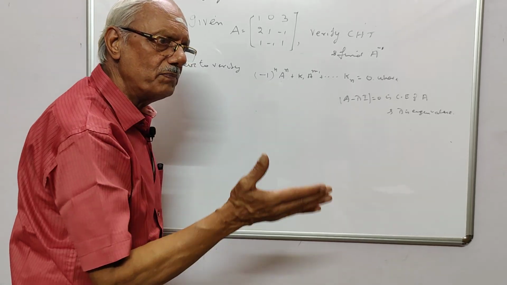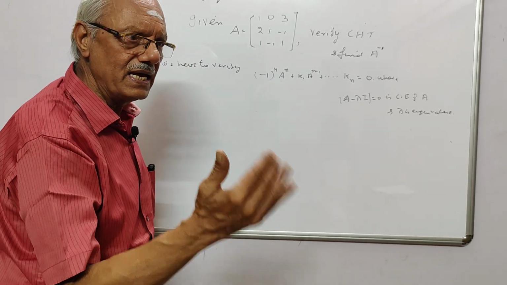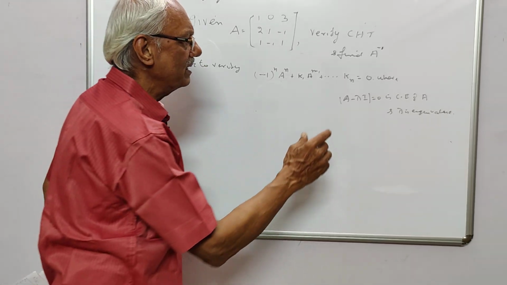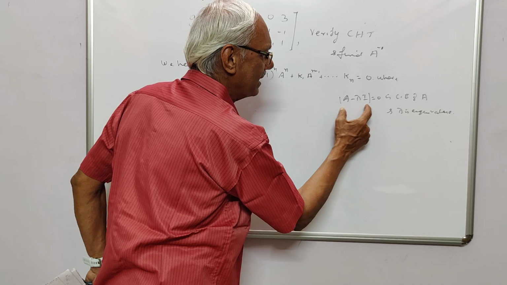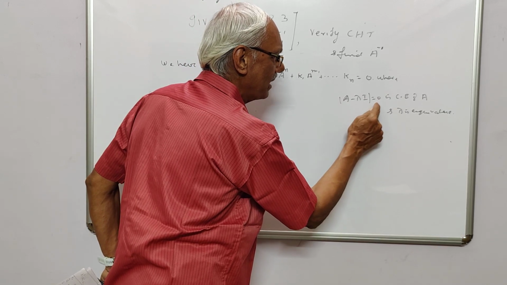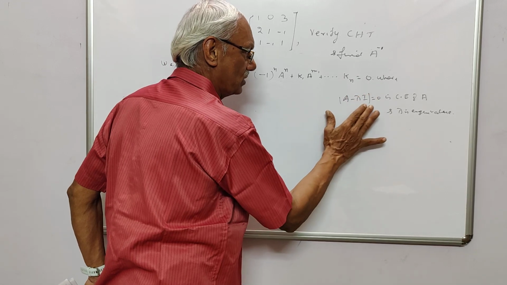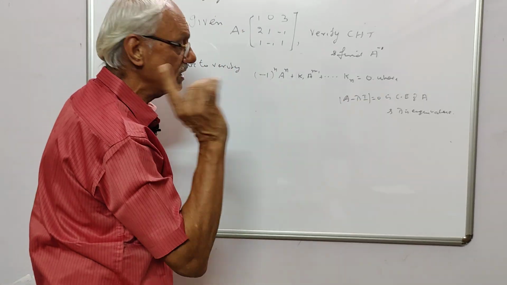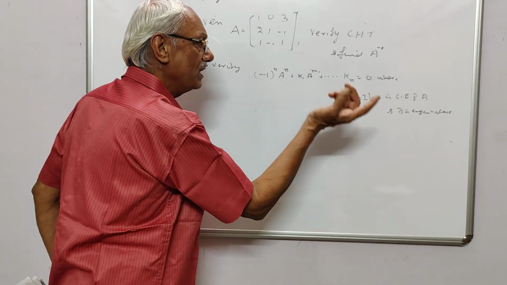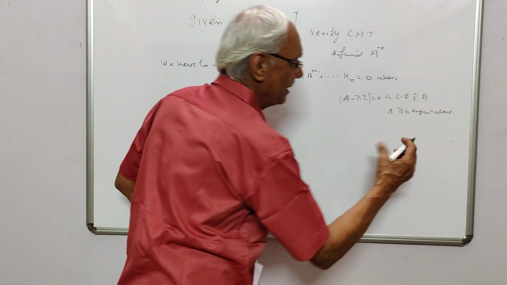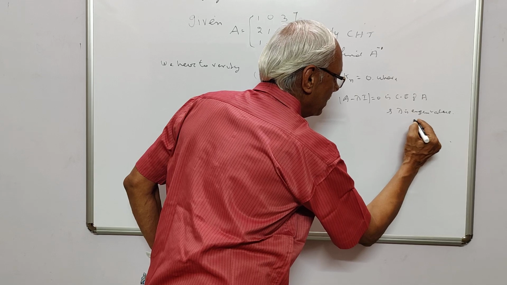Now you have to replace that lambda by A and verify that it is equal to 0, because Cayley Hamilton theorem is this. Your characteristic equation is A minus lambda I is equal to 0. Now you have to replace in the characteristic equation C1.